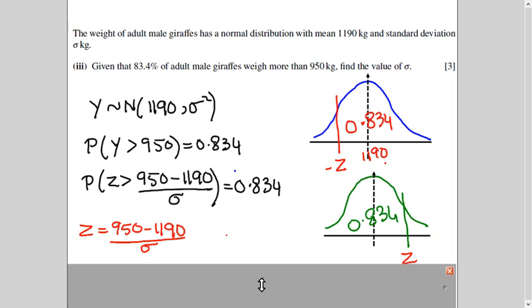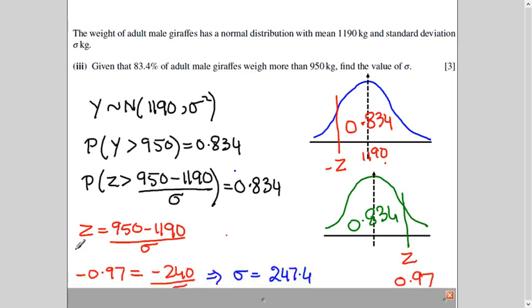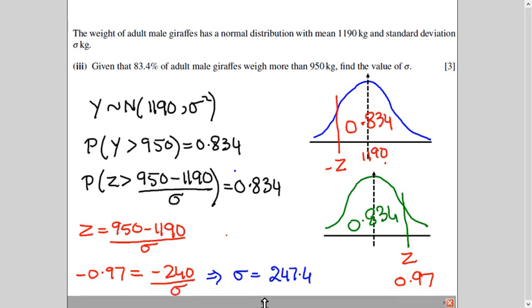So now, when I simplify it, my answer comes, minus 0.97. So tell me one thing here. Do you know this negative Z value here? You don't, because you don't have it in the table. So you will use the symmetrical concept here. So for this minus Z, if I use symmetry plus Z, the left hand side area will be 0.834.